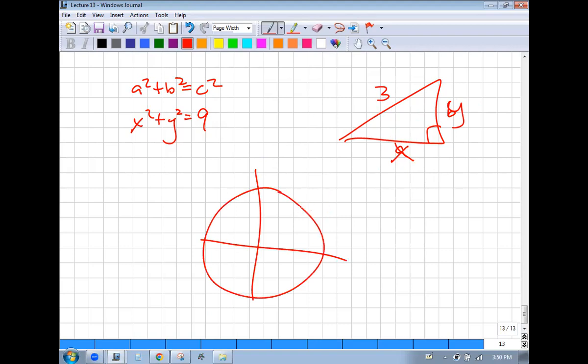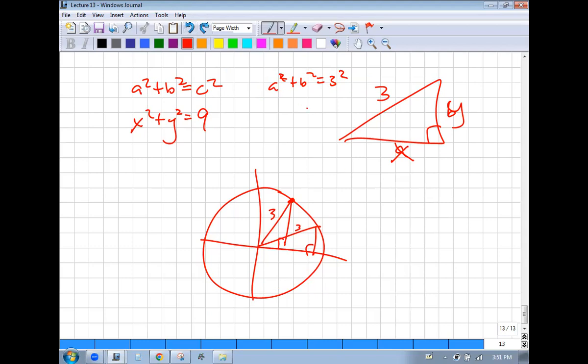Every single point on there is kind of a triangle, right? So if I said a squared plus b squared equals 3 squared, this is the collection of all right triangles that have a hypotenuse of 3.